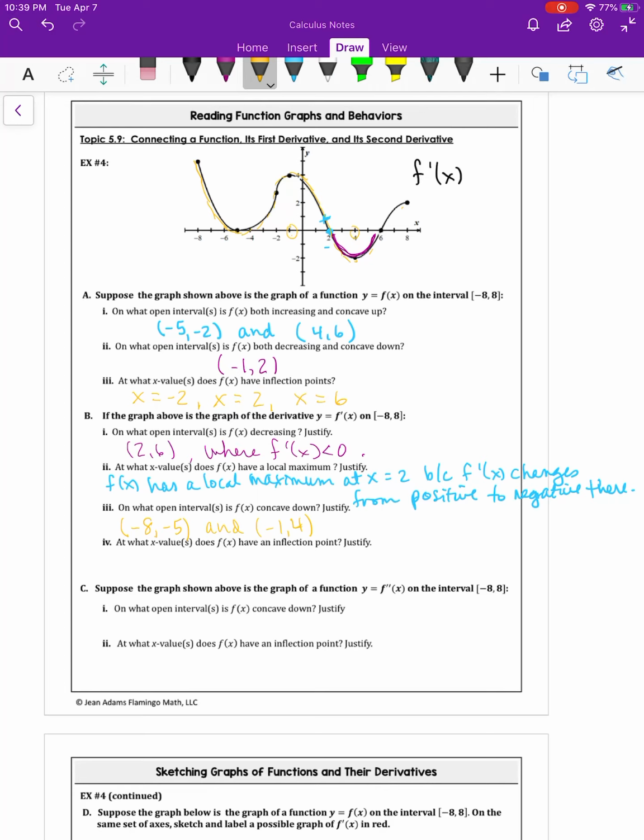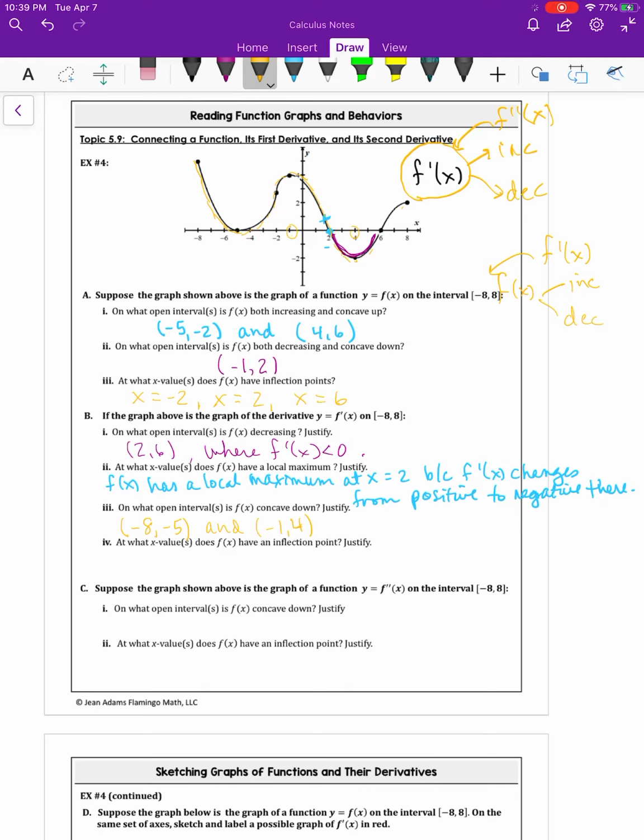And what you would say, instead of talking about f double prime, since we don't know what that is, is this: you know that if you took the derivative of this derivative, it would tell you where it is increasing and decreasing, right? So f double prime tells you where f prime of x is increasing or decreasing, just like f prime of x tells us where f of x is increasing and decreasing.